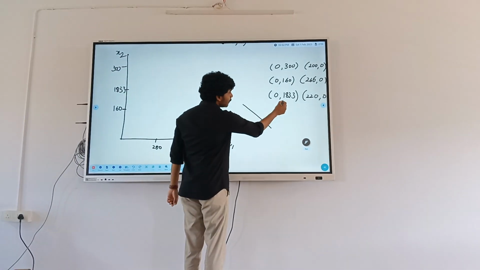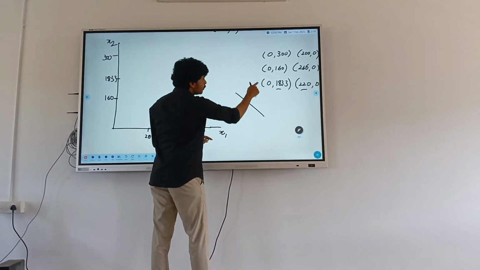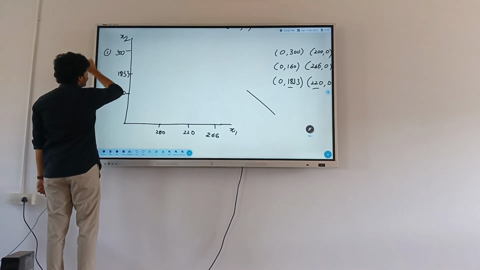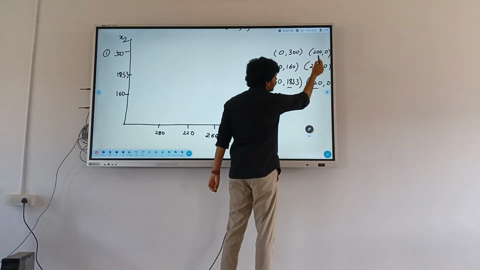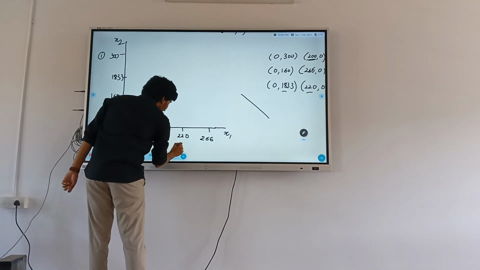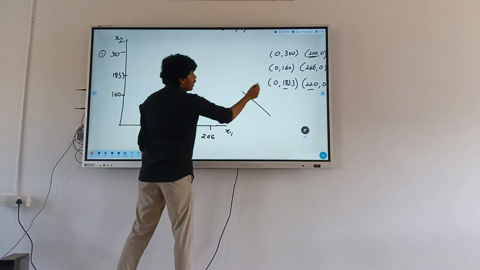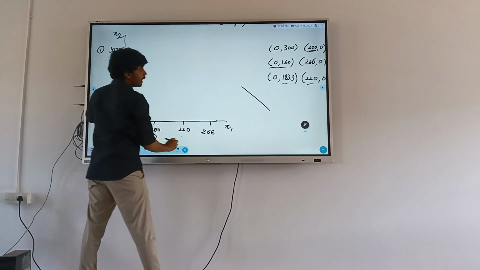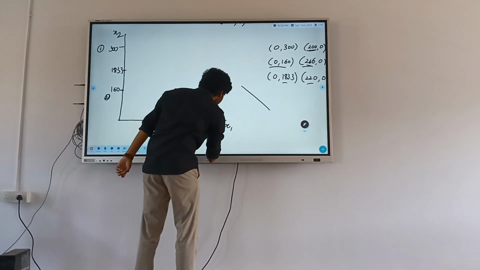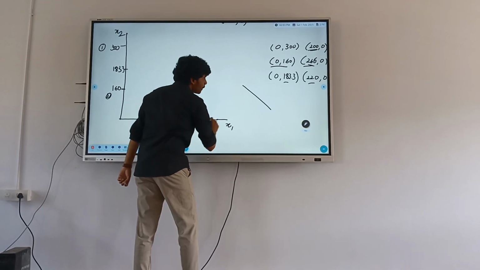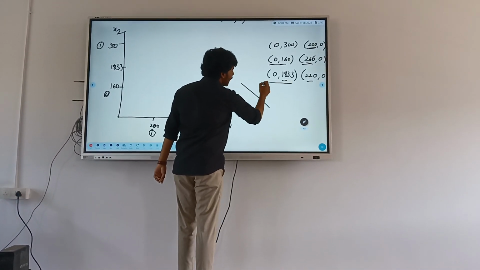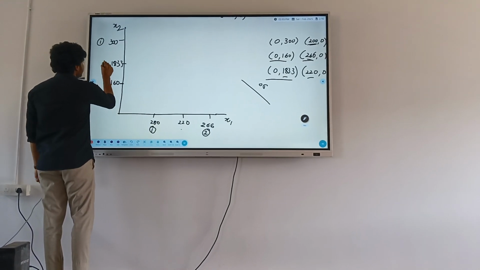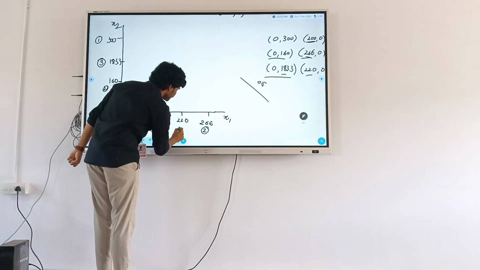First of all we draw a graph, but we don't have lines yet, because we have to mark a line from one point to another. Let us assume 300 as 1 and for x1 200 as 1, in the second one 160 as 2 and x value 266 as 2, and also in the third 183 on the y axis as 3 and 220 as 3.